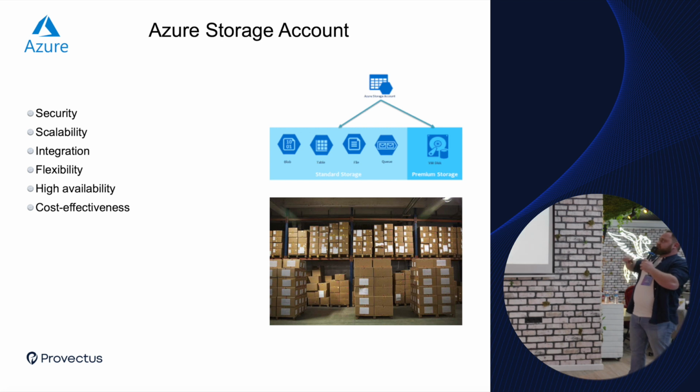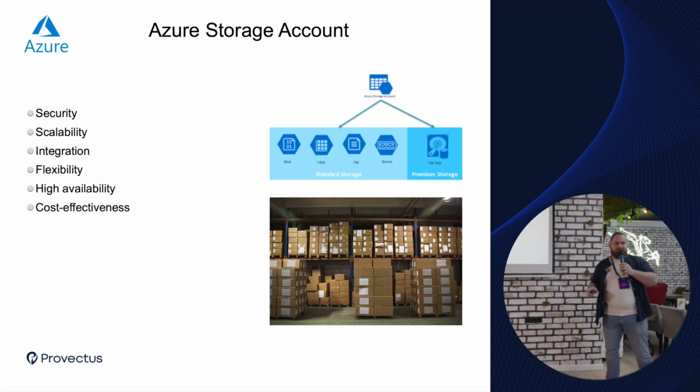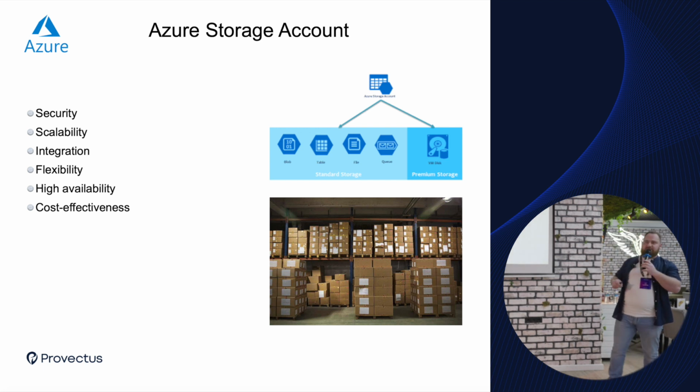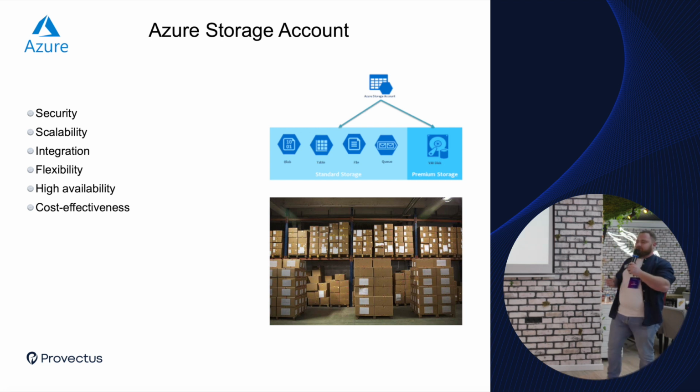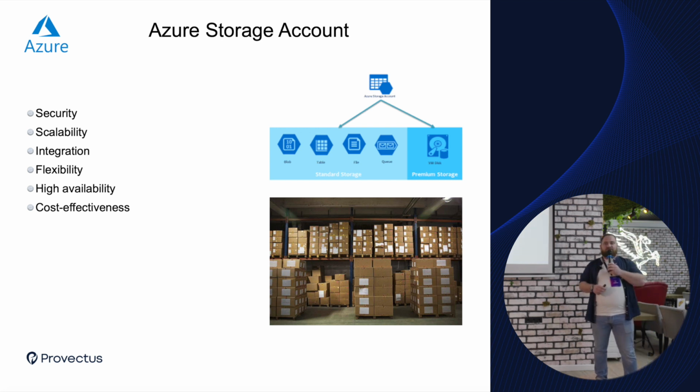It's secure, scalable, it can be integrated with various systems, it's flexible, but the coolest part here is the high availability. Azure Storage Account provides three types of availability. One is the standard storage account, another one is the zone redundant storage account.